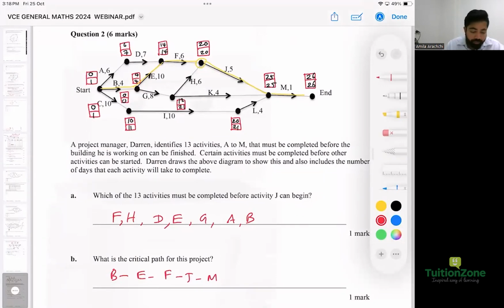So looking for the LST for G. And the thing is, G is not on the critical path. So the latest starting time for that.